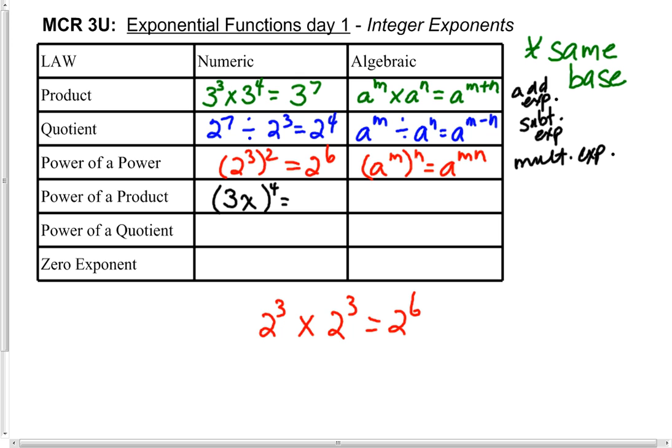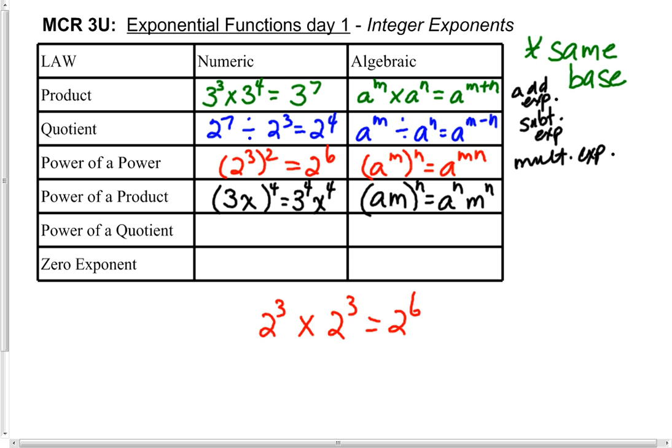That means there's going to be 4 3s and 4 x's. So that exponent affects both things in the bracket directly in front of it. If you have anything being multiplied raised to an exponent, that exponent will affect each bit.